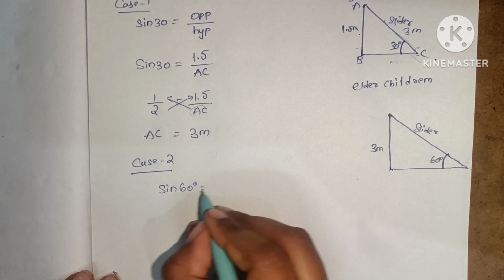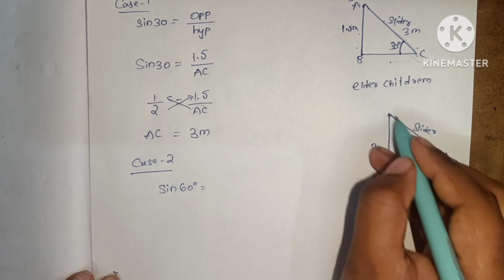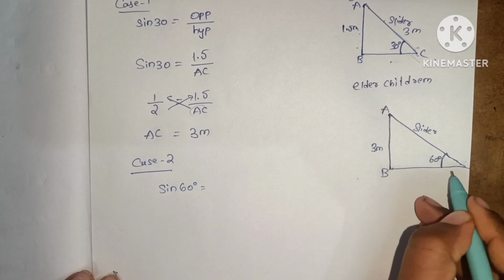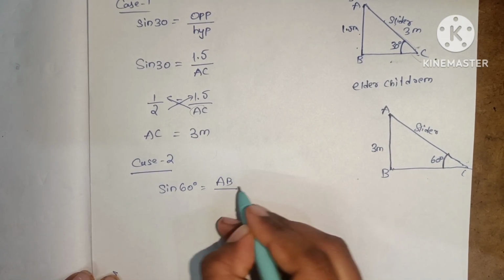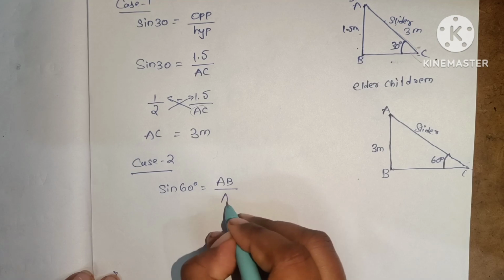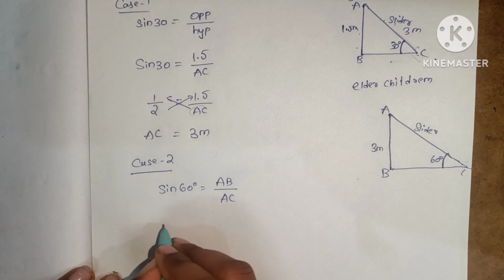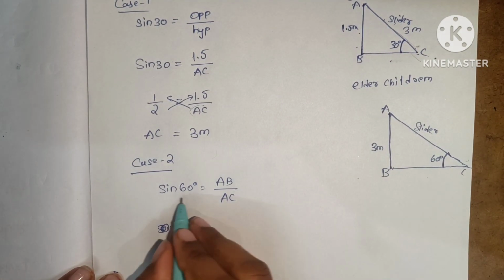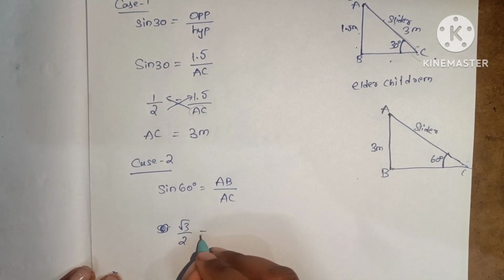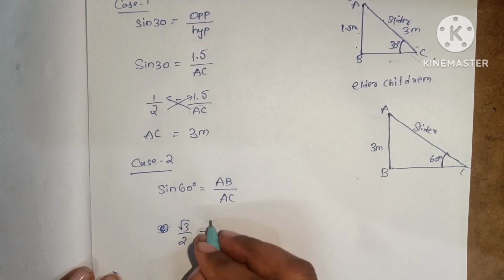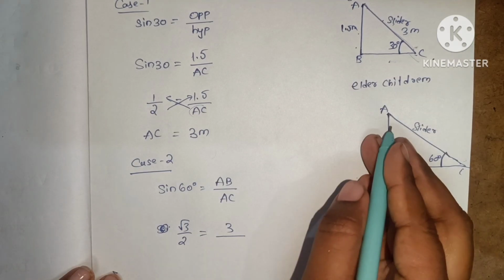So sine 60 is opposite by hypotenuse. Again I kept ABC. Opposite means AB, hypotenuse means AC. Sine 60 is root 3 by 2, equal to AB, which is 3, by AC.